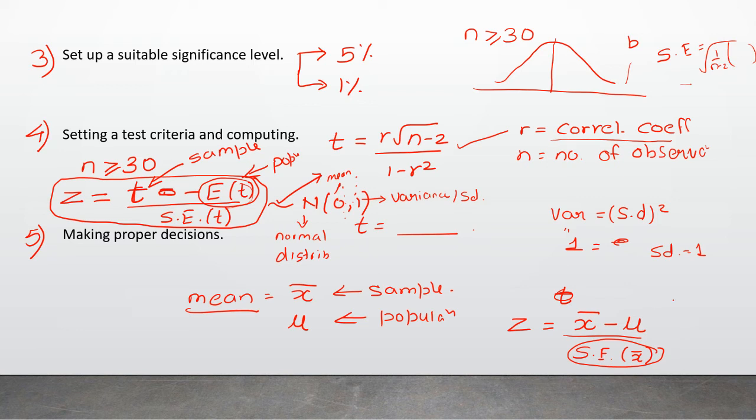Similarly, if it is comparing two attributes, the standard error is defined by root of pq by n, where n is the sample size, p is the probability of the attribute in the population, and q is the probability of failure in the population.